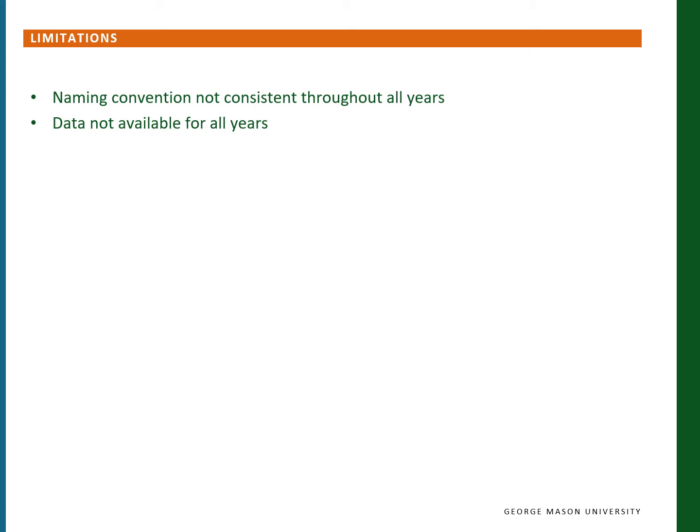The chunk of my time was allocated in putting the data together and making sure that the dates were correct. The second limitation that I faced was that the measures I ended up selecting didn't include the dates for every single year I had selected, which caused problems when putting together the control charts.